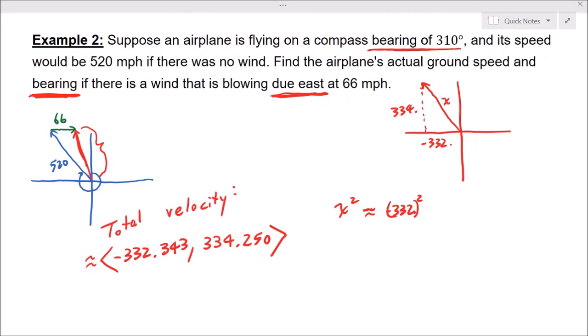In your calculator, you should have more digits than that. Plus 334 point something squared. So find that in your calculator, square root both sides, and you'll get that the magnitude is around 471.354. And this is like a real world or physical setting, so don't forget, what are the units? It's miles per hour, right? And that's our actual ground speed of the plane.